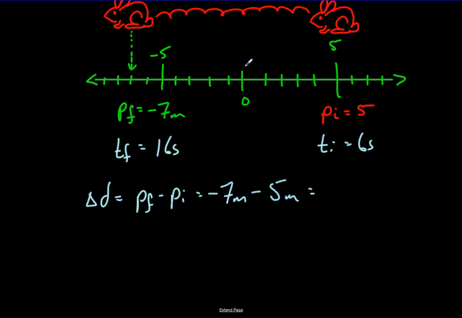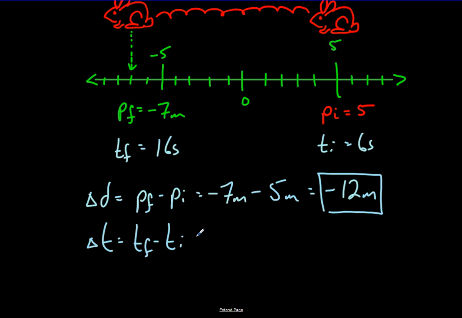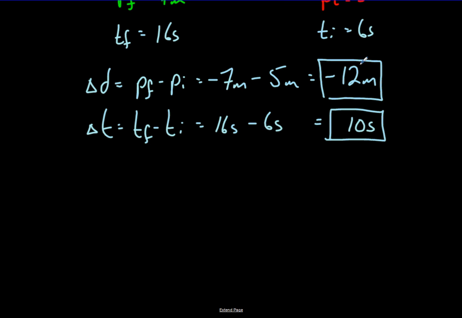Well, 5 to there, plus 7. 5 plus 7 should be 12, but in the negative direction. So negative 12 meters. Awesome. Now let's do a delta t to find out what time has passed during his hopping. So 16 seconds is his final, minus 6 seconds should give you 10 seconds. Okay, so two numbers. This is his change in displacement, and this is how long it took.